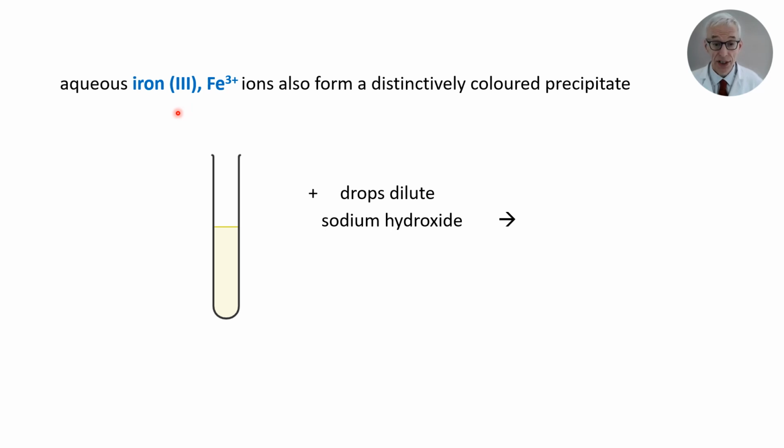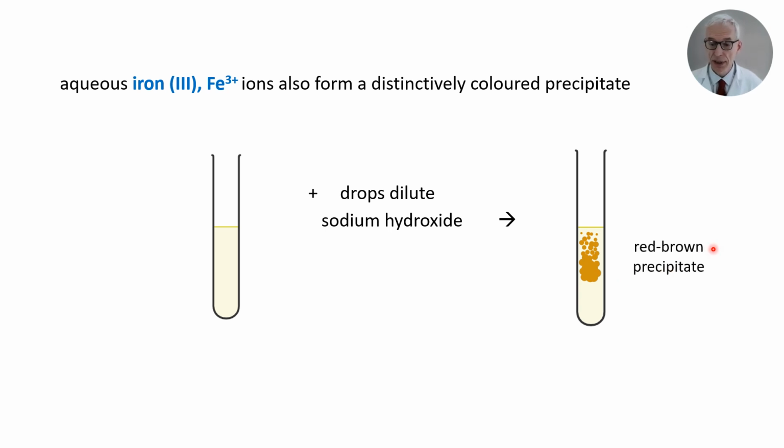So, in a very similar way, we test for iron 3 or Fe3+ ions, add drops of sodium hydroxide, obtain a precipitate. That precipitate is described as red-brown. So, add drops of sodium hydroxide, get a red-brown precipitate. The solution contains Fe3+ ions.